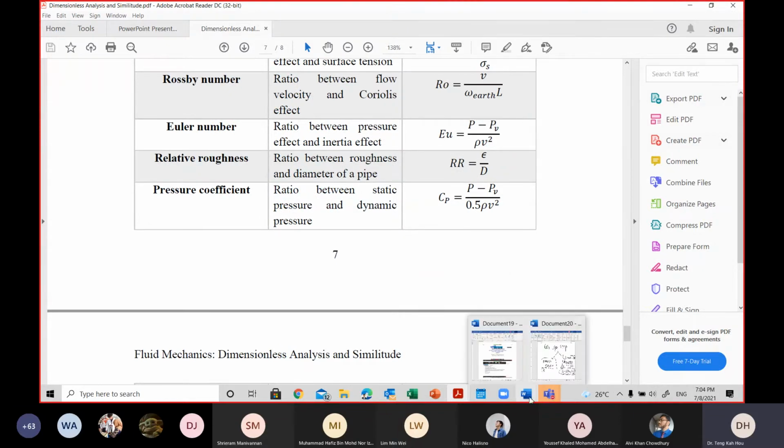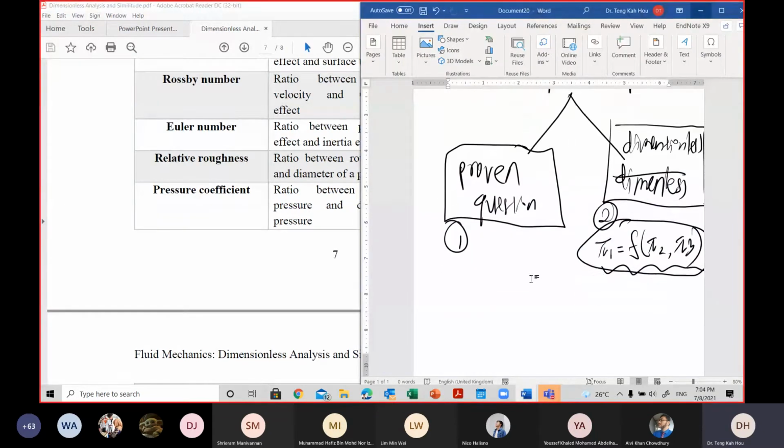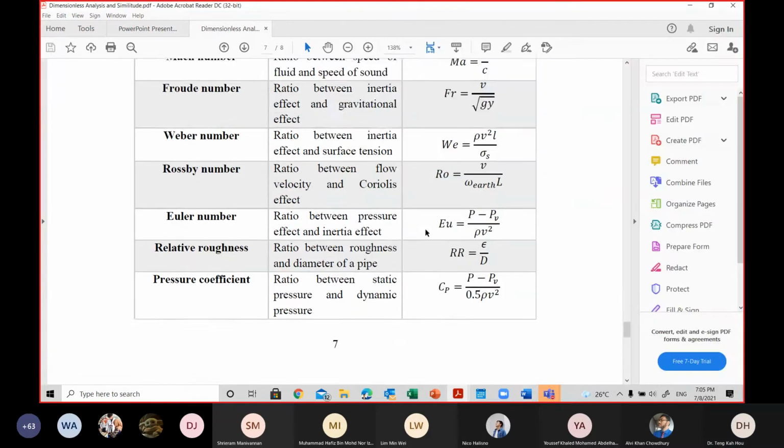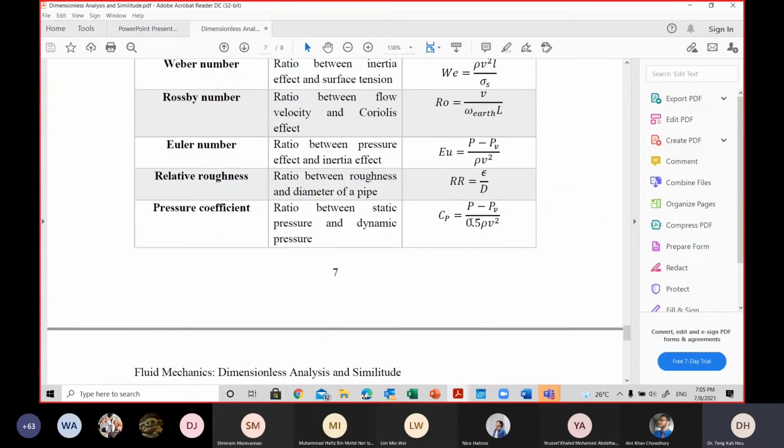So when I talk about modification, what I mean is you can do a lot of 1 over whatever, or times 2, or times 1.5, as long as they are not changing your dimension, that is fine. You get what I mean? Because, for example, I give a very simple example: pressure coefficients.